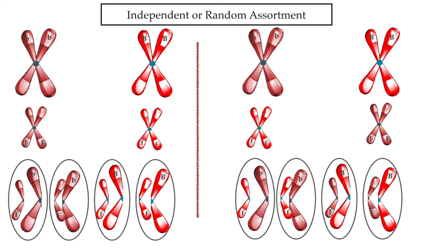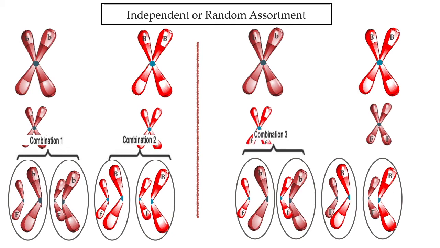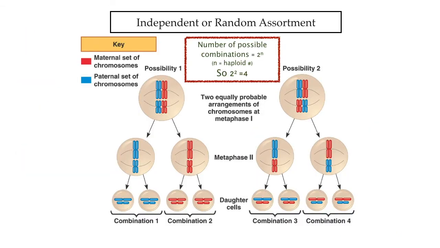So now when you have just 4 chromosomes in an organism, you can end up with 4 possible combinations. That's basically 2 to the power of n, n being the haploid number of chromosomes. So in the previous example, this organism had 4 chromosomes, so the n number was 2. So the possible combinations is 2 to the power of 2, which is 4. I know, it's a little bit of math, and it's supposed to be biology, so don't worry about the math.